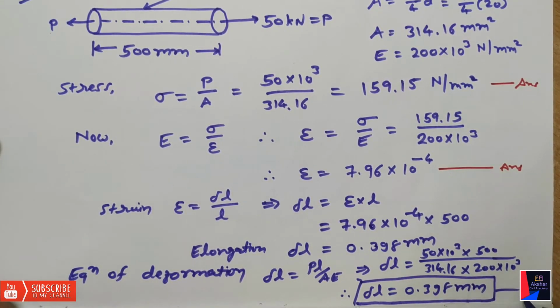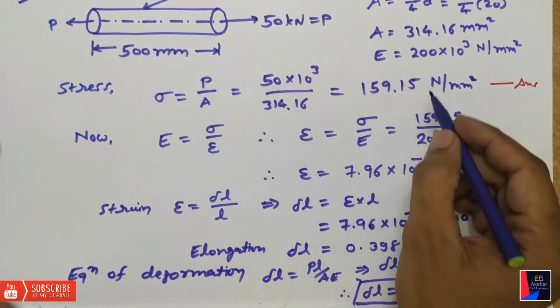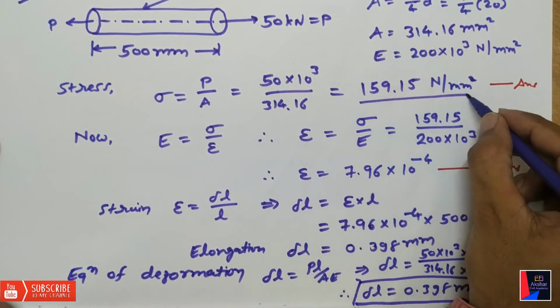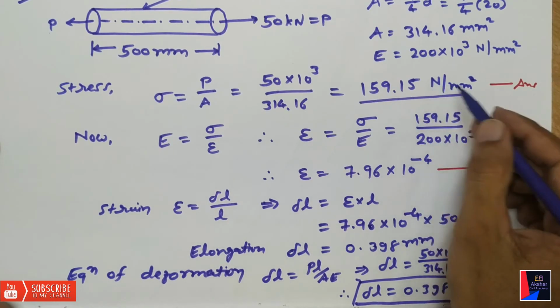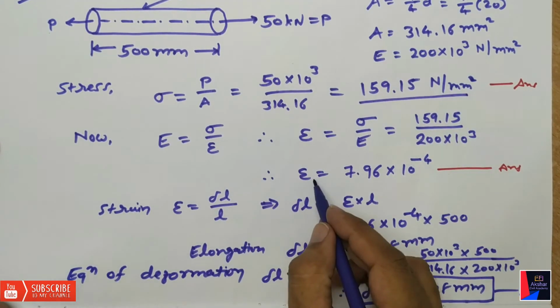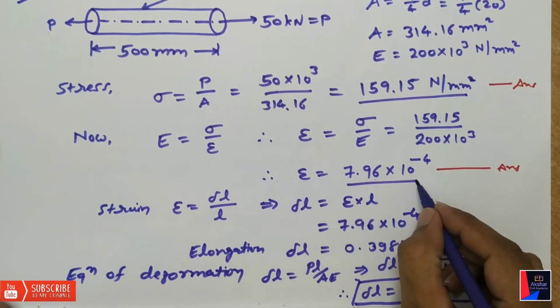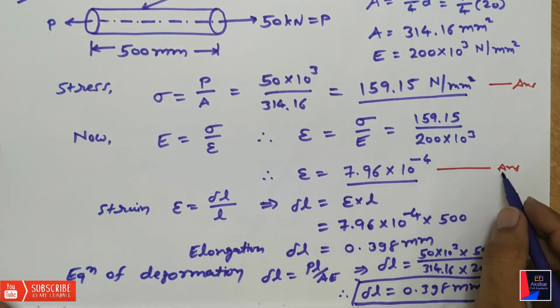So these three are the answers. We got the answer: stress is equal to 159.15 Newton per mm square, and strain is 7.96 into 10 raised to minus 4.